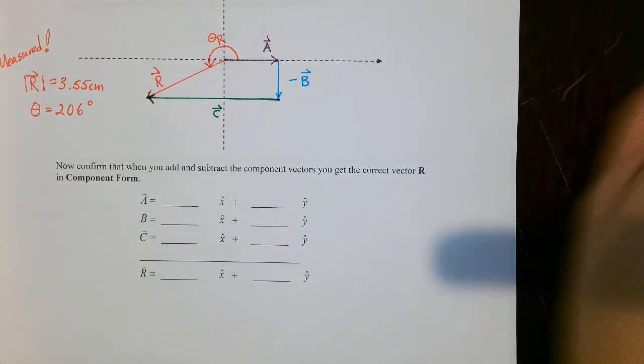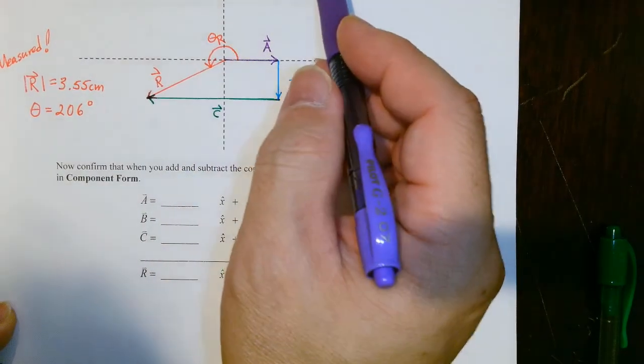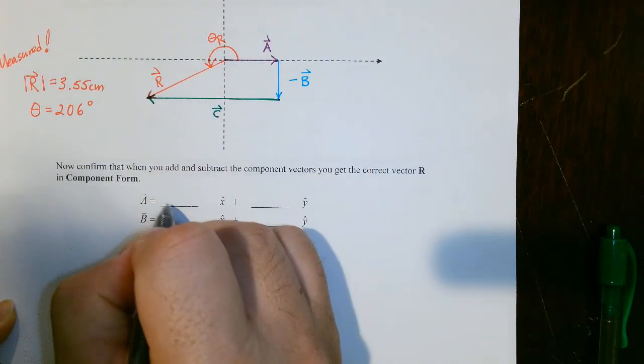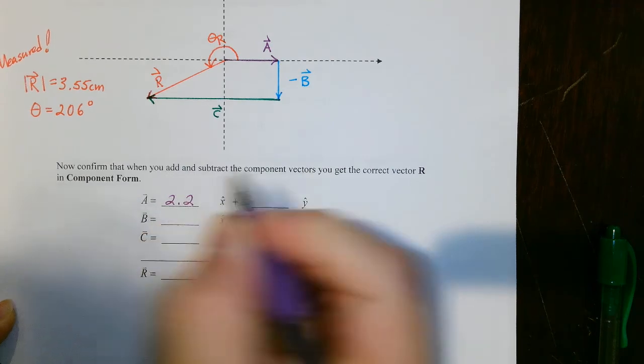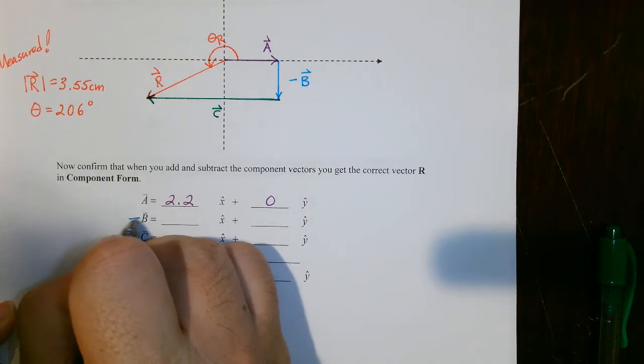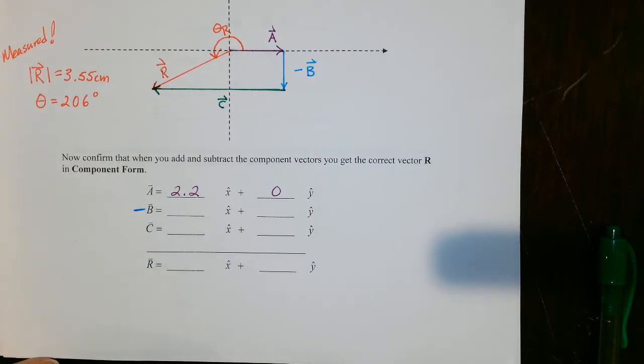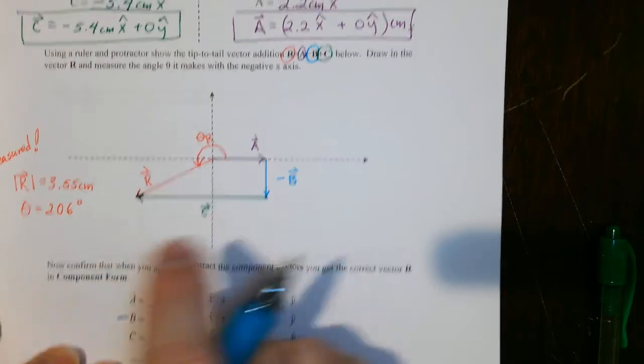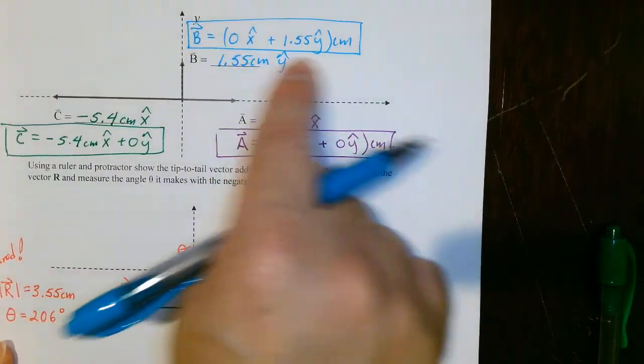All right, so since my first vector is A, that is 2.2 x hat and 0 y hat. Now my second vector is negative B. So whatever I have for B, I'm going to have to negate it, right?